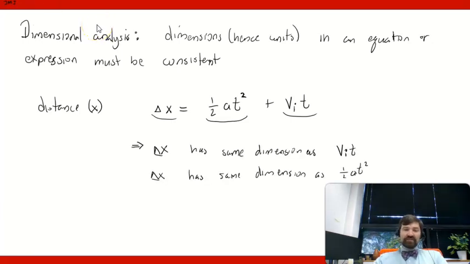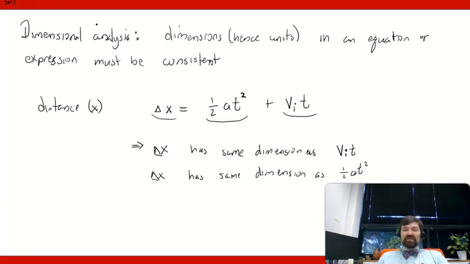Thus, if my delta x is a distance, then whatever dimension this has and whatever dimension this has, they need to multiply out to be distance. Put differently, if this has units of meters, then the units of this term and the units of this term need to multiply to be meters.